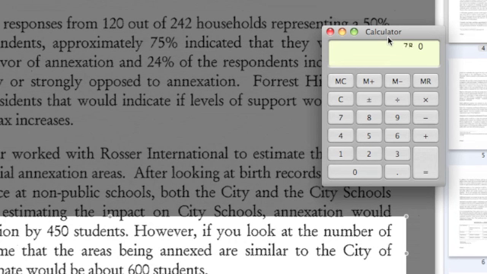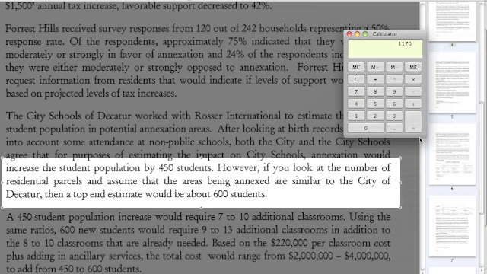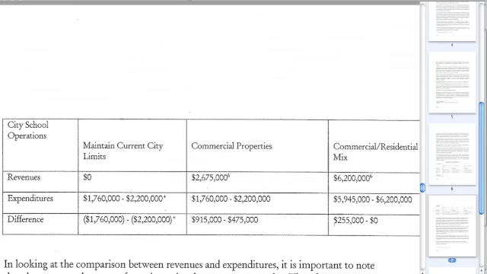And what we're looking for is, what if the student population in those areas is about the same as in the city of Decatur? Well, in the city of Decatur, about 15% of the population are students in the city schools. That's about in keeping with the national average, actually a little bit lower. So we take 7,800 and multiply it by 15%, and we get, well, not 600, but almost double that figure, 1,170.